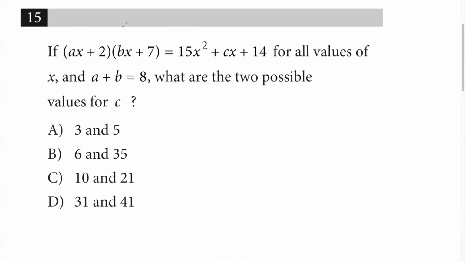Question number 15 is one of the questions that you always face on tests. So how to solve this question? Just open the parentheses: abx squared plus 7ax plus 2bx plus 14 is equal to 15x squared plus cx plus 14.